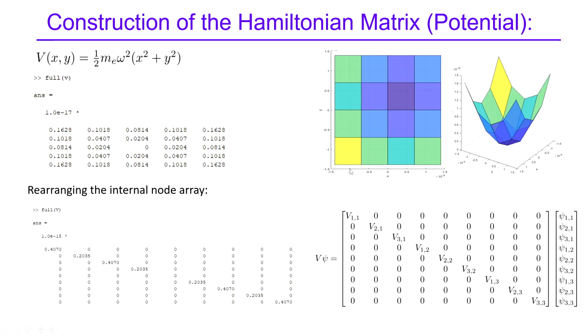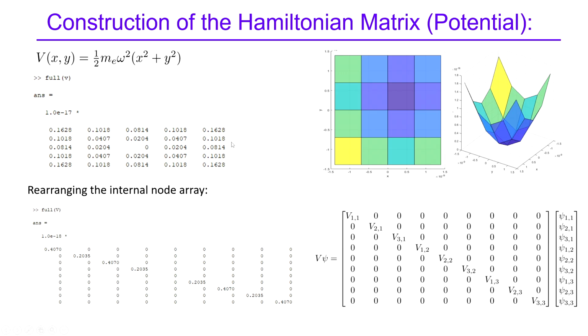So the graph of this term is like a paraboloid in 2 dimensions. And how do we rearrange these terms in a matrix, right?